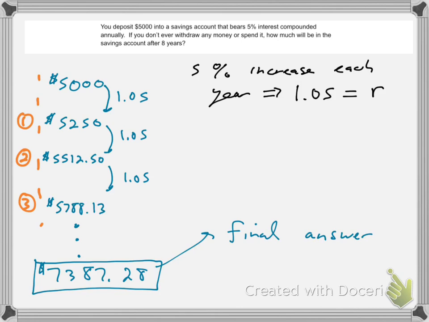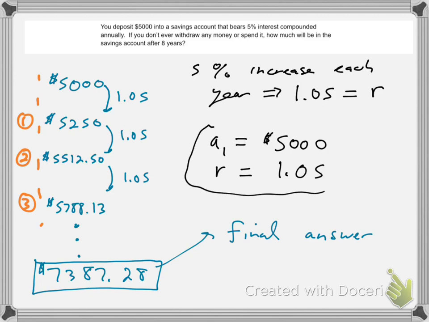In this case, my A1, my first term in the sequence, is $5,000, and my common ratio is 1.05. So that's a tangible example. So now you're going to get to work on an example in the flow of the lesson.